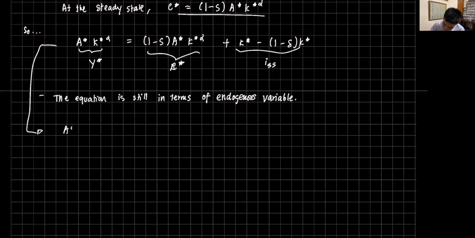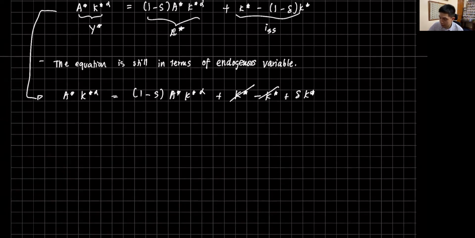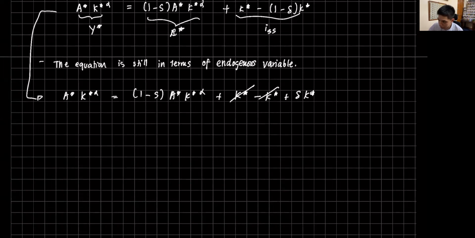So this is again A star K star alpha equal to 1 minus S, A star K star alpha plus K star, then let me distribute the K star to the 1 minus delta. So you get minus K star plus delta K star. And obviously this one will drop off. Then we can simplify further.